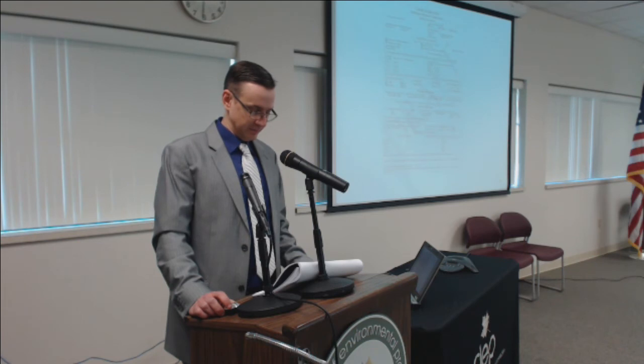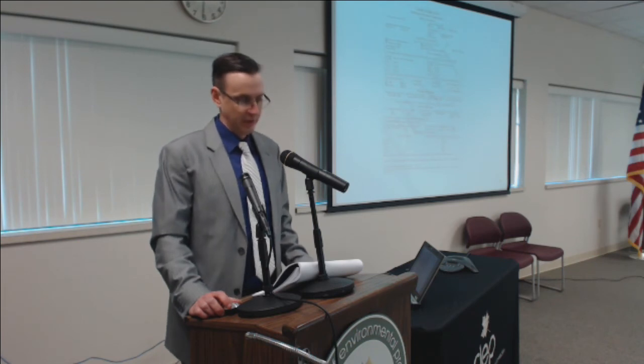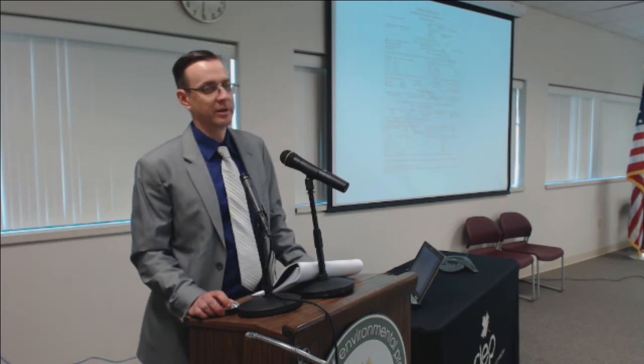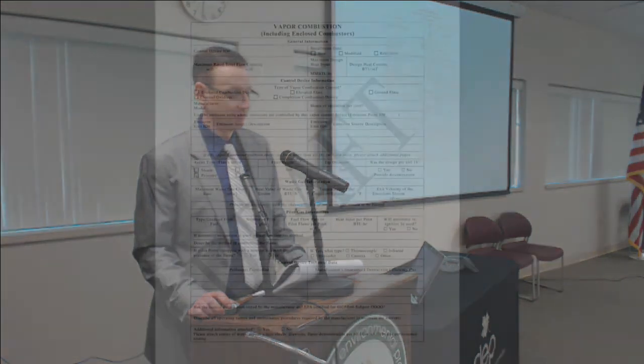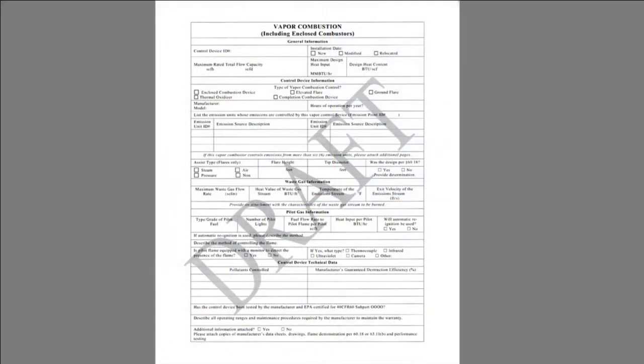And then you need to indicate which emission units this particular control device controls, and indicate that on the form, and include the emission unit ID number and emission source description. There's only room to list 6 emission units, so if it controls more than 6 different emission units, you need to increase the size of that in order to accommodate all emission units.